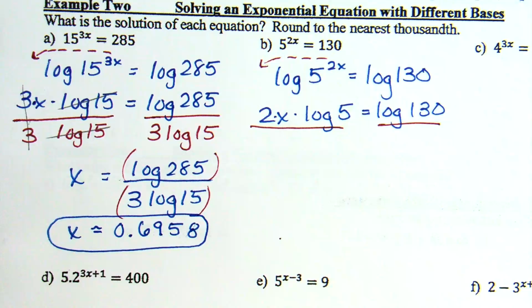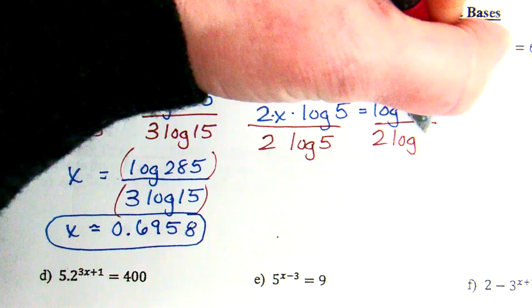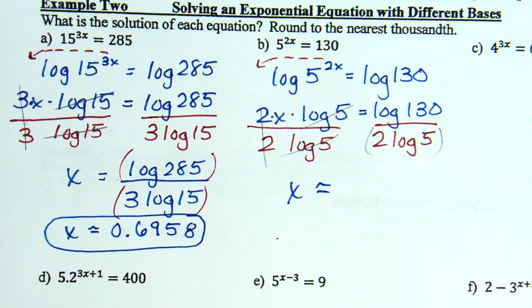So we're going to be dividing by 2 and log 5. Again, remember use parentheses around that denominator. So 2's cancel, log 5's cancel. x is whatever your calculator tells you at this point.